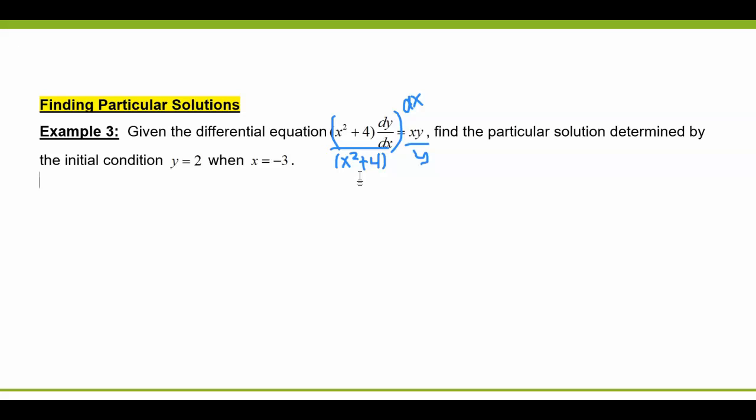So that's going to leave you with 1 over y, because I divided by y, dy, equals x over x squared plus 4 dx. Hopefully by now you know that the antiderivative of 1 over a variable with respect to dy is ln. And over on the right, that's a u sub.